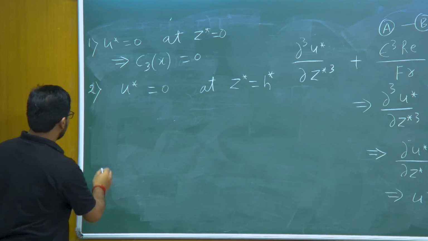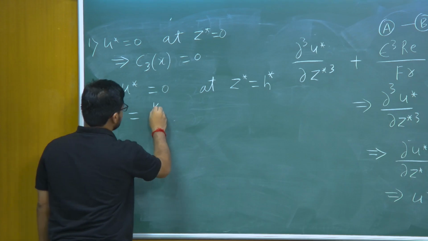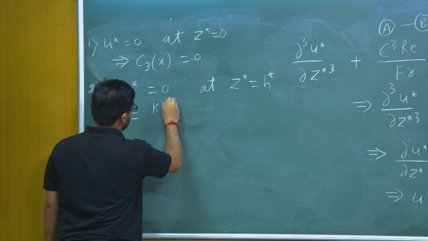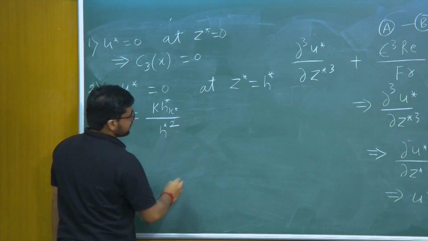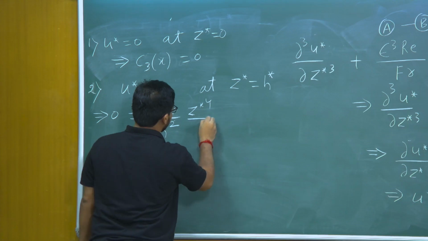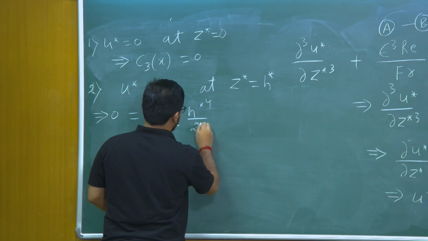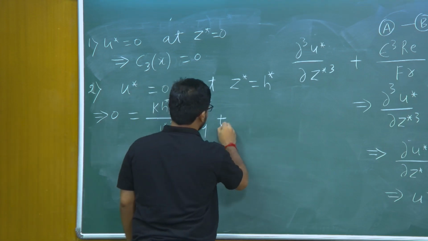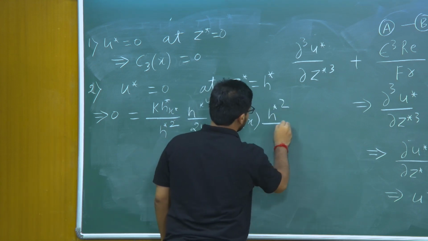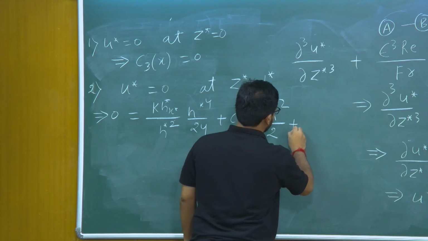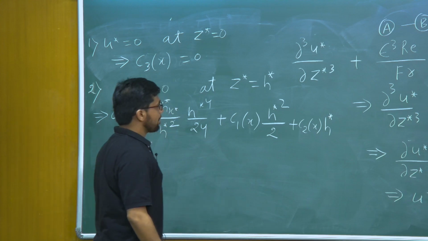If you do so, you will get 0 equal to k h_x*, where h_x* is the derivative of h* with respect to x*, upon h*², z* to the power 4 by 24, which is now h to the power 4, plus C1(x) h*² by 2 plus C2(x) into h*. Okay.